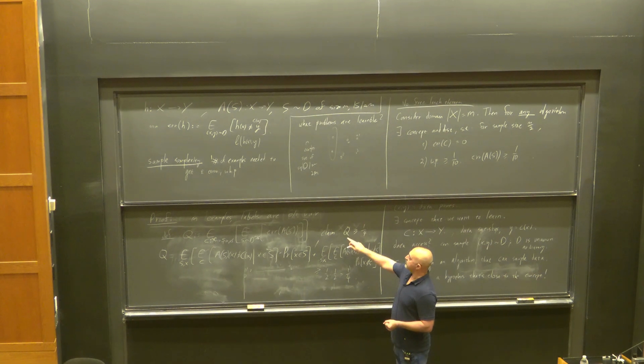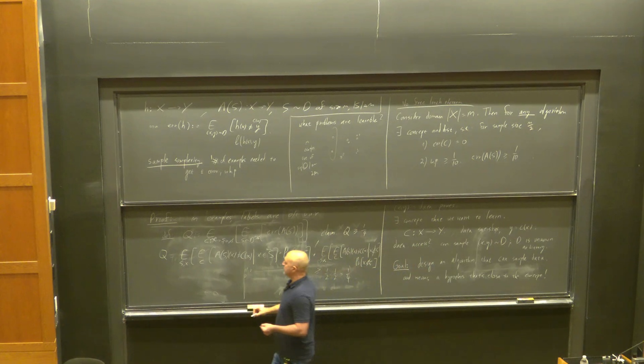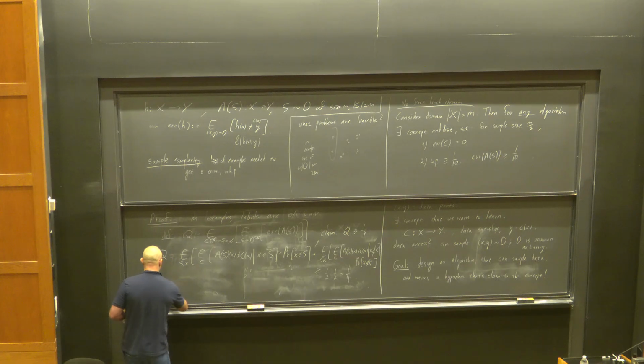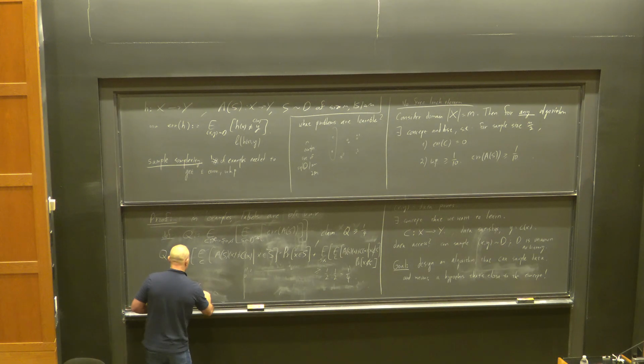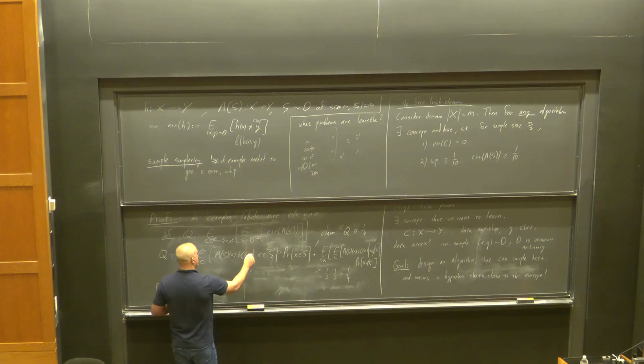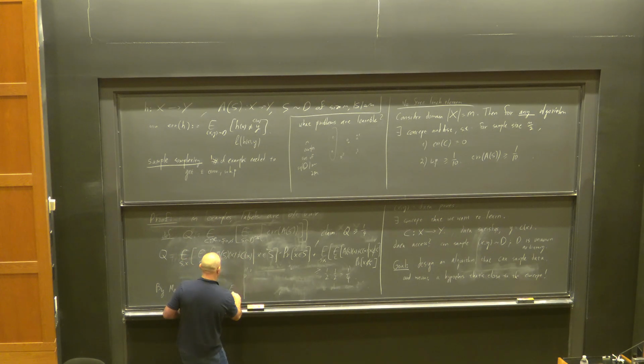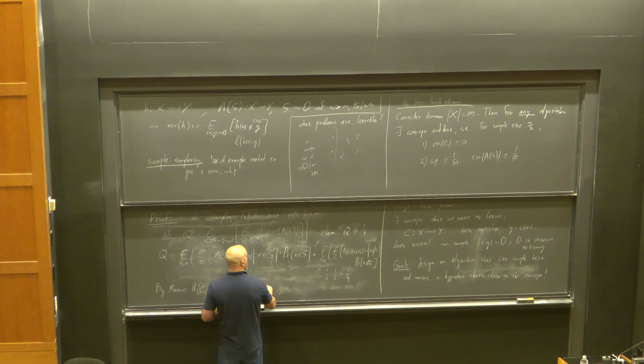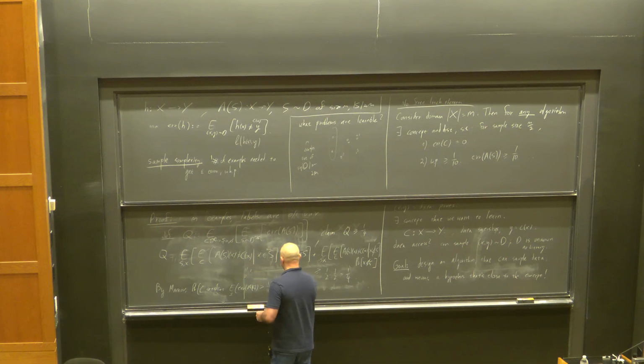Okay. So because of this, by Markov, the probability over the concept that the expected error of the algorithm on S is bigger than 1/10 is at least 1/10.